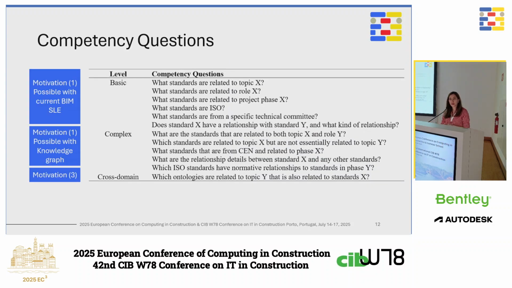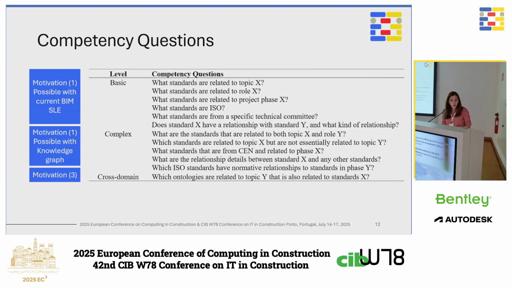We mapped certain competency questions, starting from basic, complex, and cross-domain. The basic ones are basically what you already do in the platform that we have. But when you have a better database and especially a knowledge graph, then you're able to ask more complex questions.